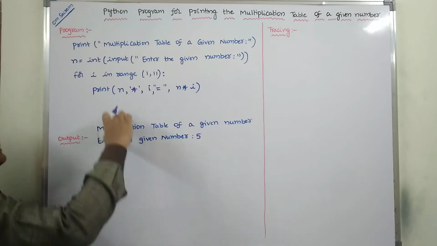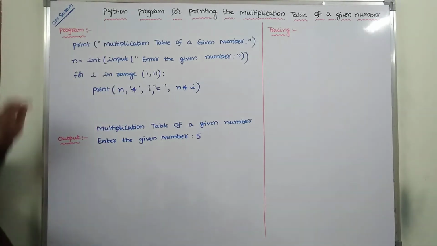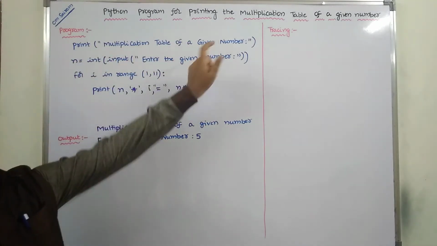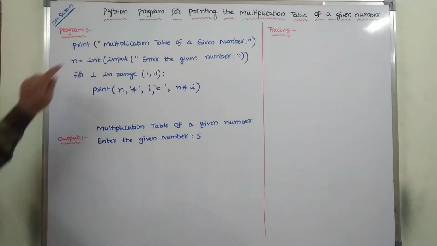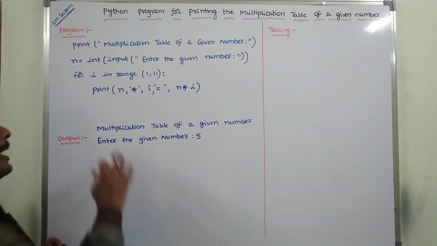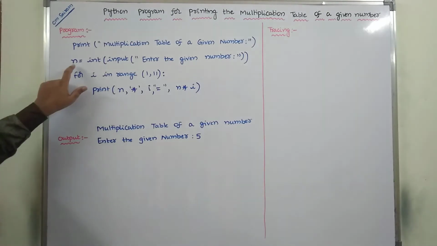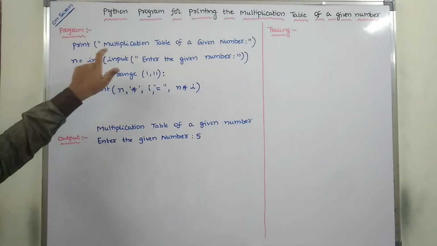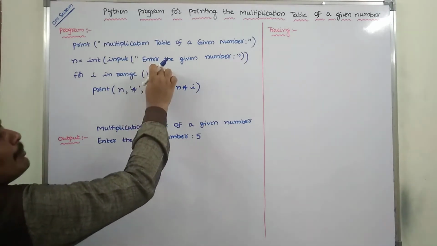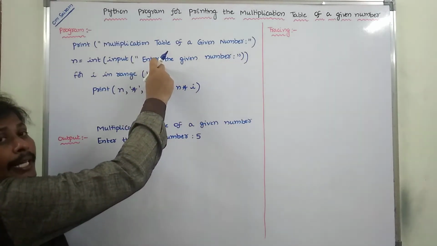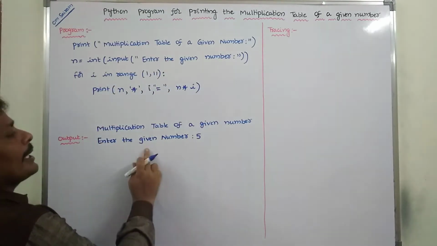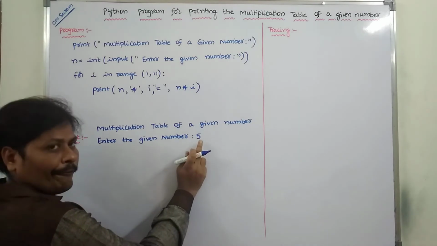According to these two statements, I am writing them in the program. So print multiplication table of a given number; the statement within the double quotes is printed as it is. Next, n is equal to int of input of enter the given number. This statement is used for reading the given number from the keyboard. I am entering 5.